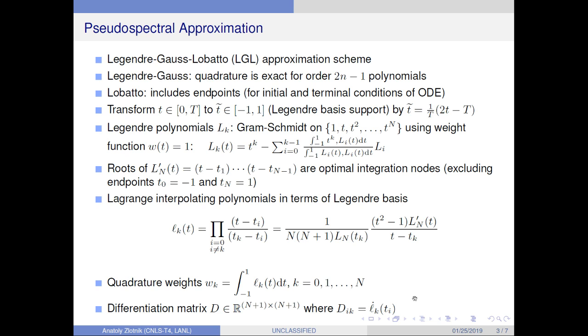Now the differentiation matrix can be obtained where the entry D_ik is equal to L_k prime evaluated at t_i. So that is the derivative of the kth Lagrange polynomial evaluated at the ith collocation point.